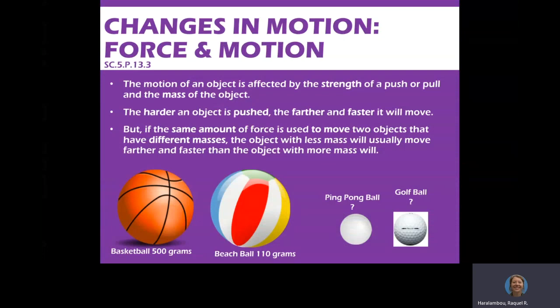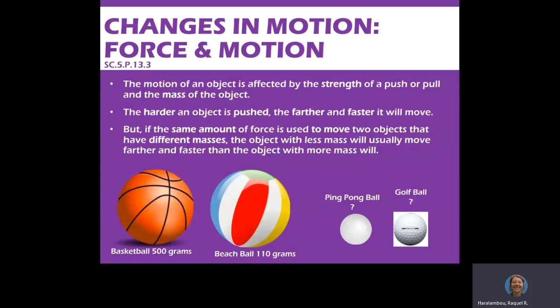Motion of an object is affected by the strength. If I want something to move really far, then I will push it even harder. If it weighs more, then I have to push it a lot harder. The harder an object is pushed, the further and faster it will move. But if I put the same force on each object that had the same masses, what will happen?